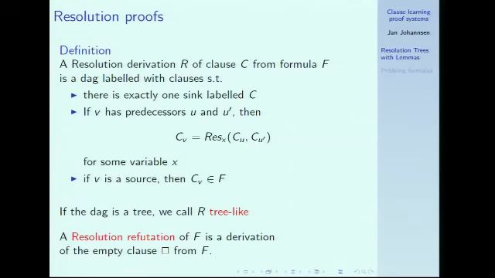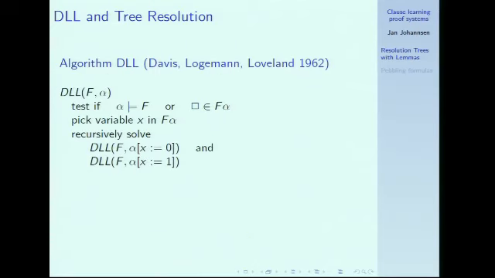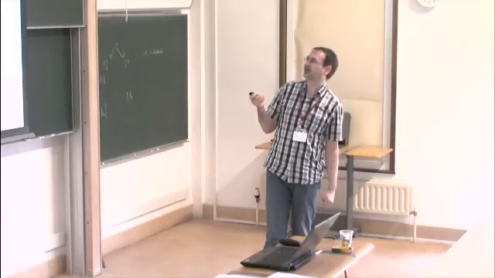The resolution proof system is very much related to a basic ingredient of SAT-solving algorithms, the classic DLL algorithm, named after the authors Davis, Logemann, and Loveland, who introduced this in 1962. This is a basic backtracking procedure. The algorithm is called for a formula F and a partial assignment alpha, which is empty in the outermost call. First you test if the formula is already satisfied by alpha, then you return alpha.